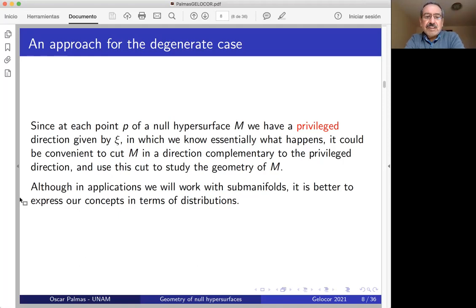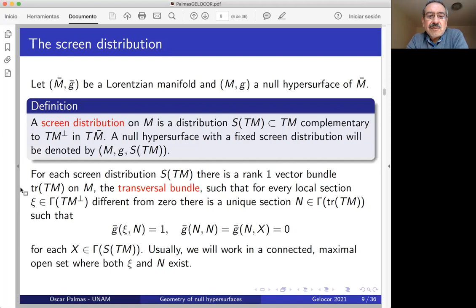So we will state our definitions in terms of some distributions in the following way. We say that a screen distribution on M is a distribution S of TM complementary to the radical, or to TM perp, in TM. Okay. So we will study this kind of objects: M, the metric g, and the screen distribution.